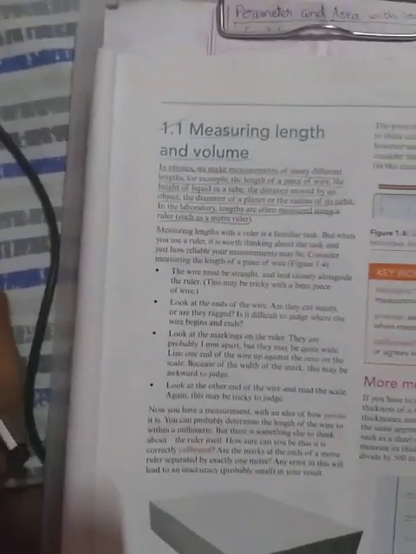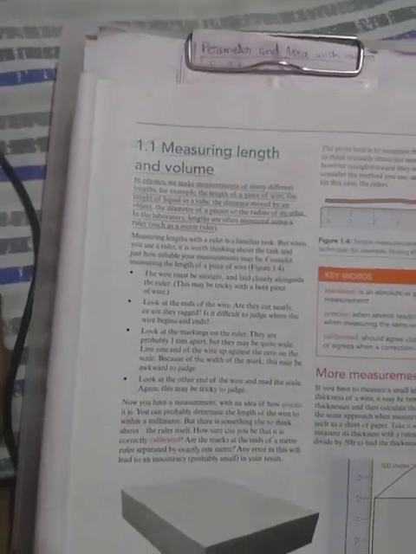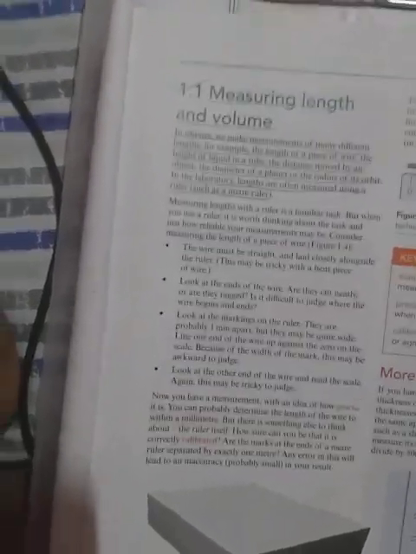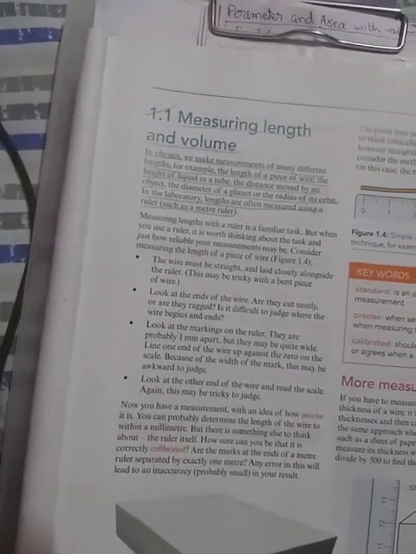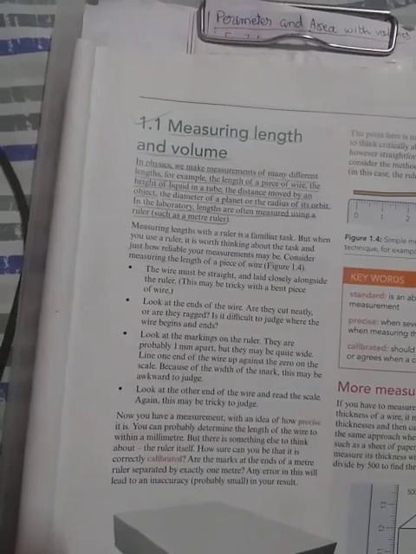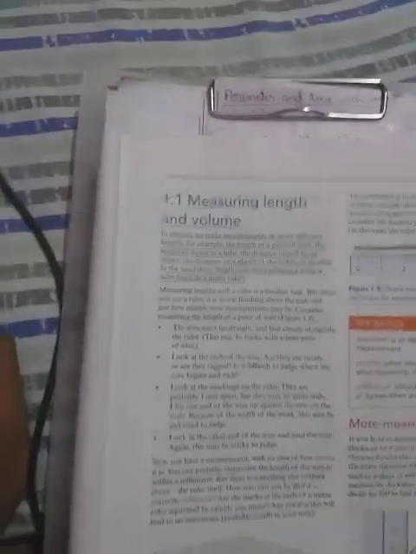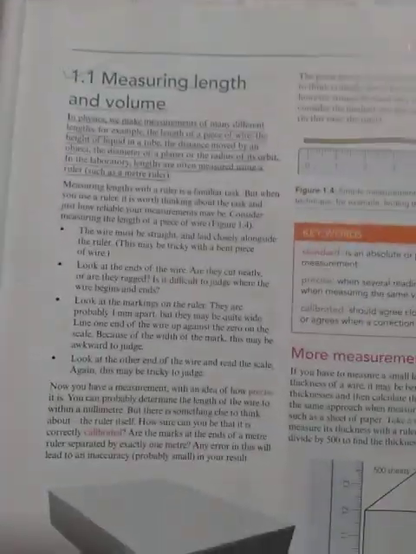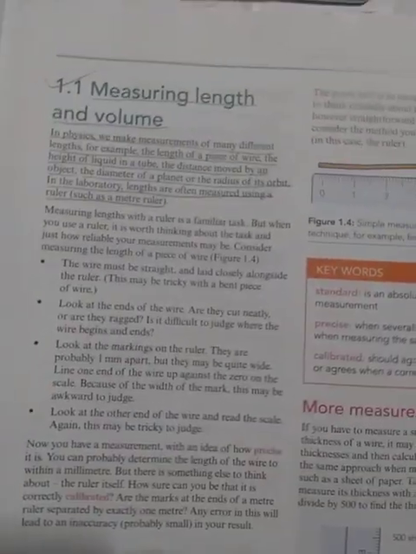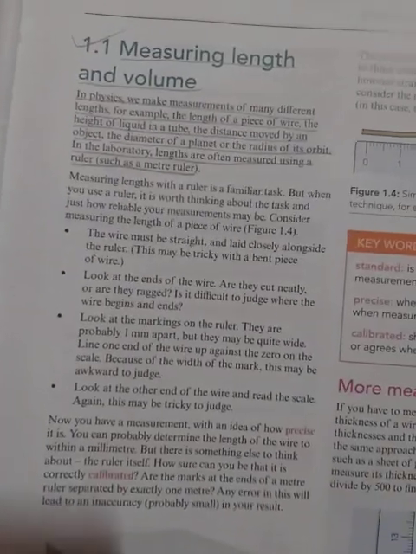Here it says in physics we make measurements of many different lengths. For example, the length of a piece of wire, the height of a liquid in a tube, the distance moved by an object, the diameter of a planet, or the radius of its orbit. These are the things, and many more, of which we calculate the length.